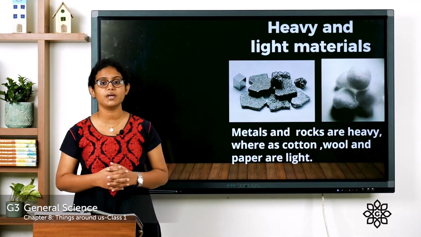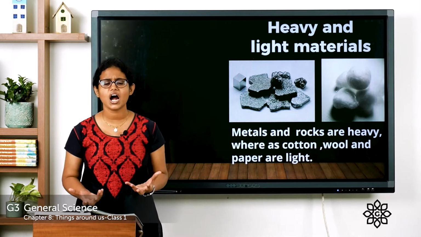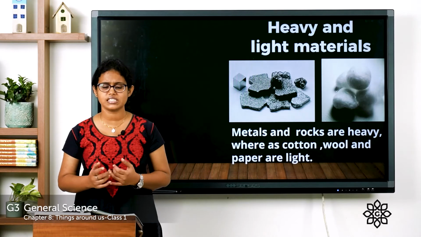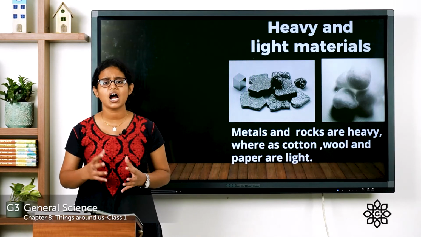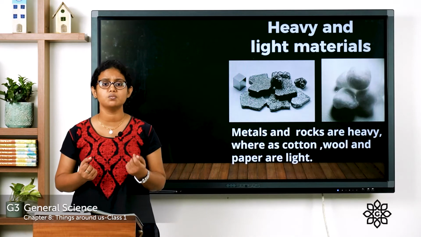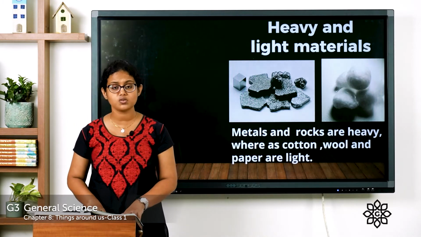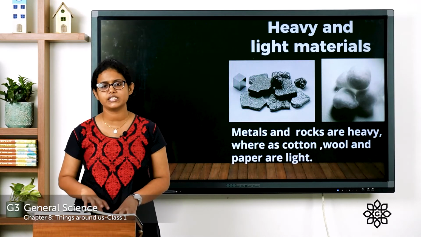So what are heavy materials then? Heavy materials are materials which are hard to lift and which have more weight. For example, metals, rocks, all these are heavy materials because they have more weight and are hard to lift. Then what about cotton, wool, plastic? All these are light materials.